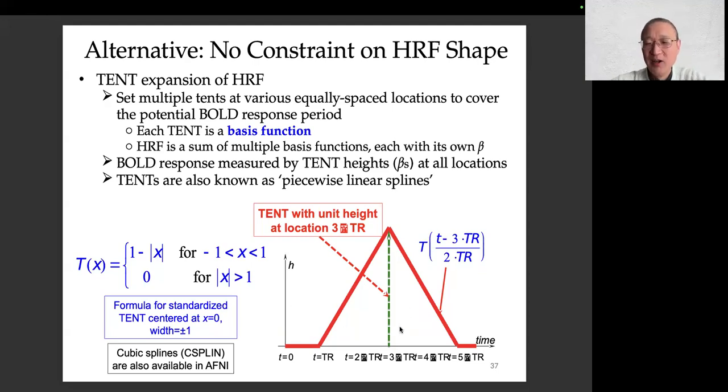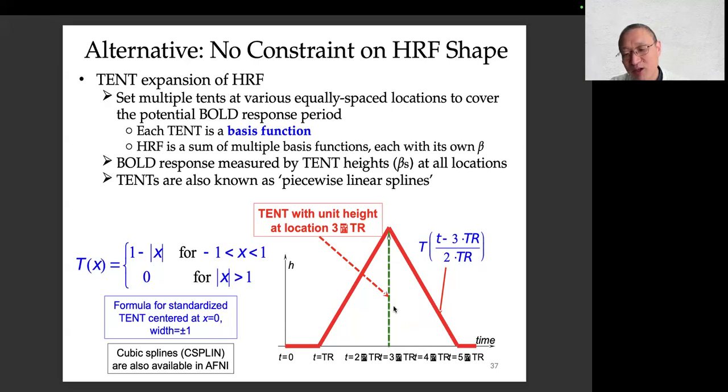For each time point, we put what in AFNI we call a tent, or sometimes stick functions. Why is it called a tent? The shape is like a camping tent. At the center point is the peak, then linearly it goes down to the beginning and to the end. So it covers, for example, three consecutive time points.